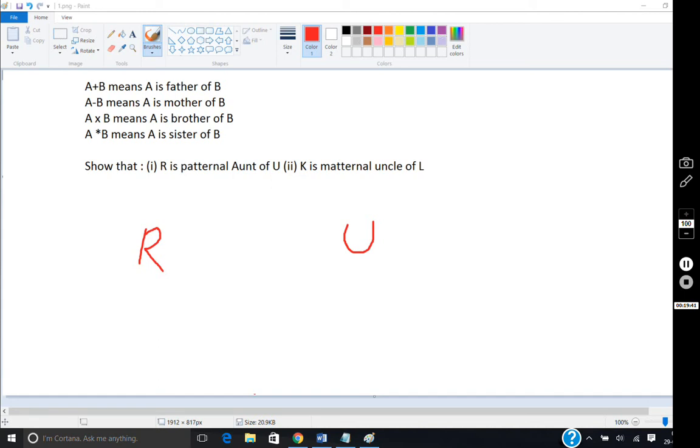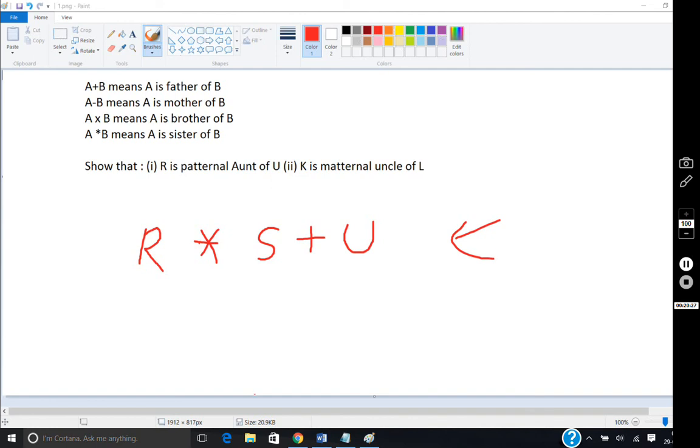You can assume any letter except R and U. I have taken S. First you have to show the relation between S and U, so you assume the father of U. I have taken S as father of U. Now we have to show the relation between R and S. As we have to show paternal aunt, R will be the sister of S. So here is the relationship: R is paternal aunt of U.